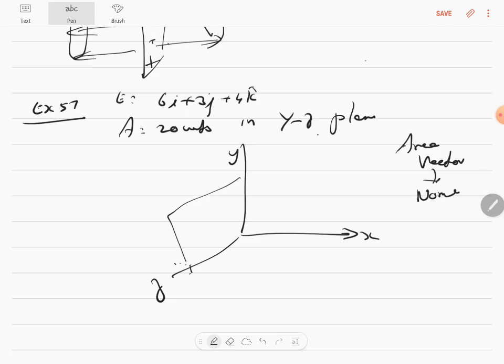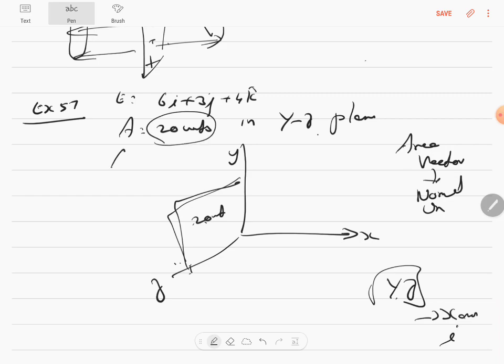This is a very important point you should understand. When a plane is lying on YZ, its perpendicular will be along the x-axis, and the x-axis represents i cap, and therefore the 20 units should be written as the area vector 20i.